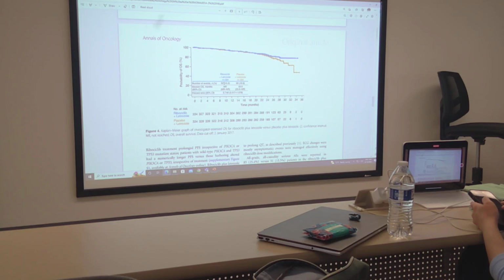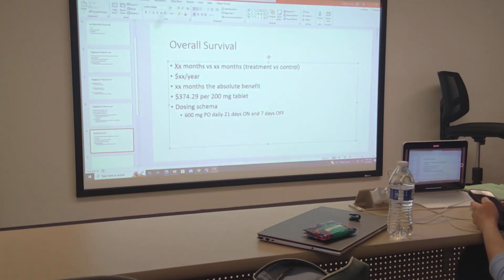But you don't have an actual number you can compare it to from this data. So even though it's 33 months, we do know that it is longer than 33 months. That part we do know. But it's not reached at this point in reference to the treatment arm.